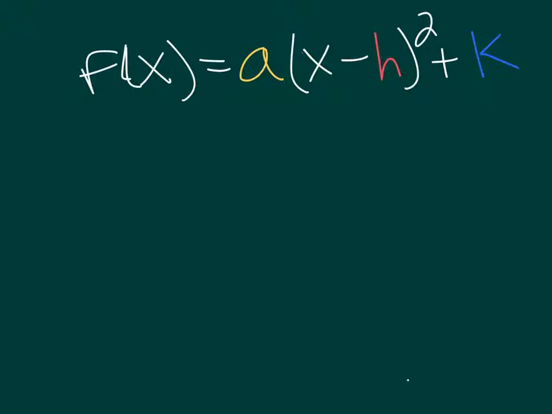So we have f of x equals a times x minus h squared plus k. Now if you notice, we have the a, the h, and the k. Those are all constants, and they all represent something. So we have the h, and what the h indicates is a horizontal translation.